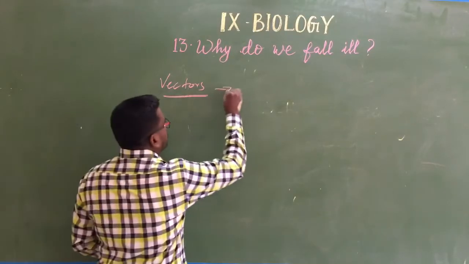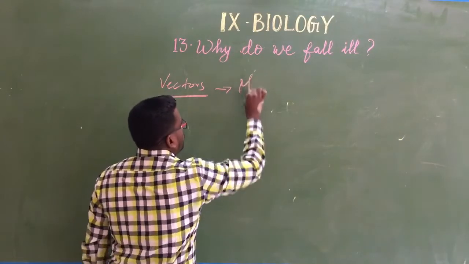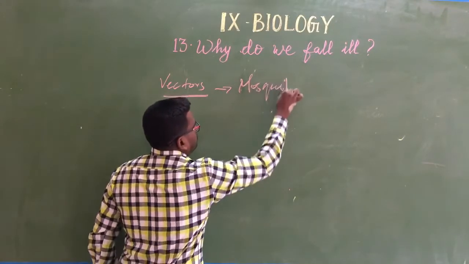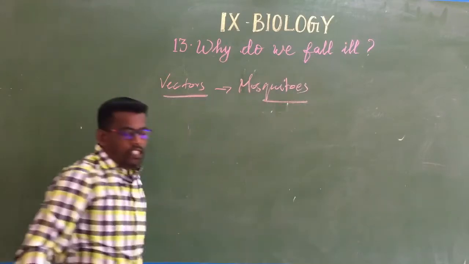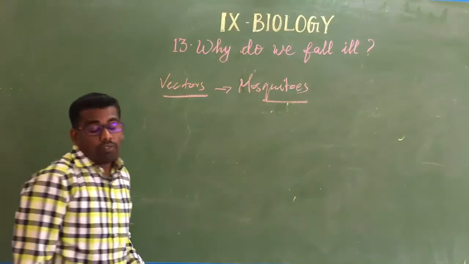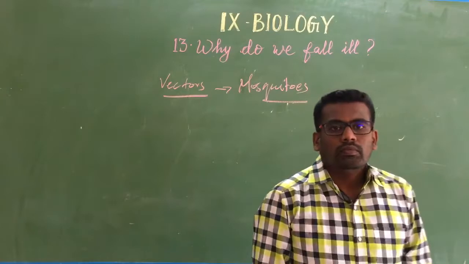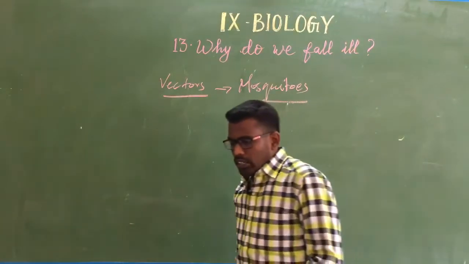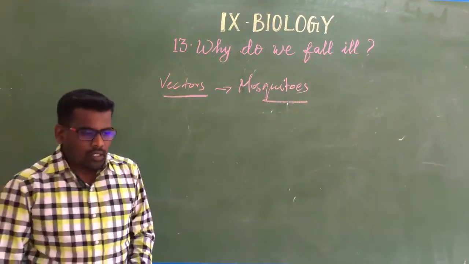Example, houseflies, mosquitoes. Mosquitoes are called one of the vectors. How is it called a vector?